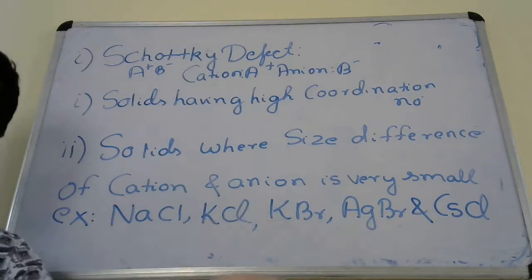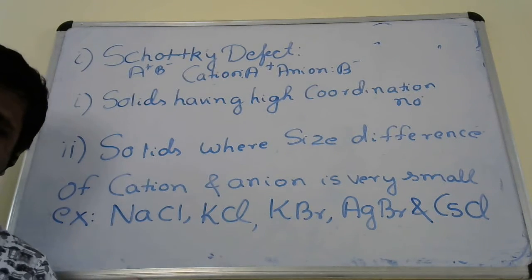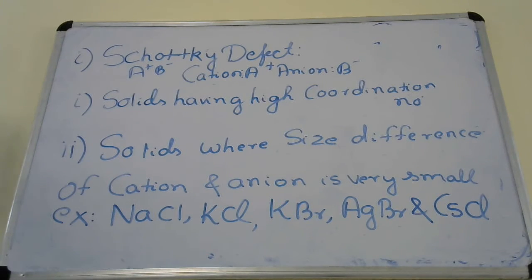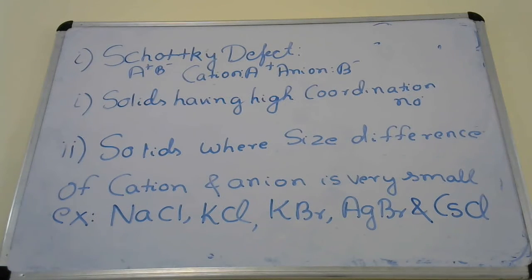Solids having high coordination number and solids where the size difference of cation and anion is very small. The examples are NaCl, KCl, KBr, AgBr, CsCl.